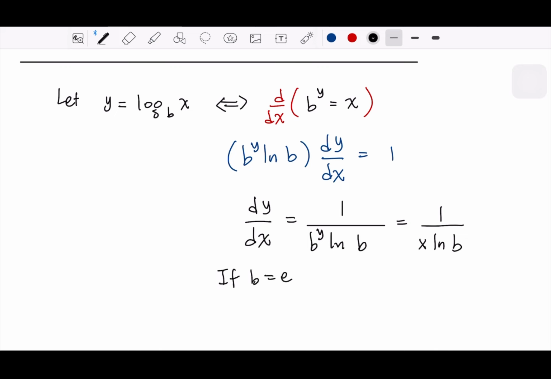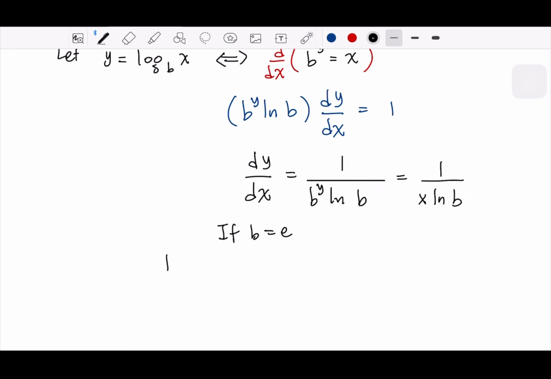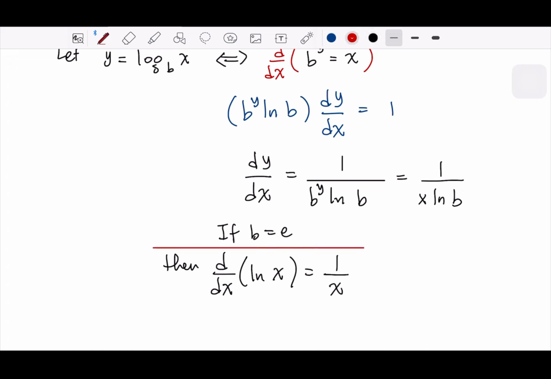Then ln b, or ln e, is equal to 1, right? So then d/dx of ln x is equal to 1 over x. If b is e, then ln e is 1.